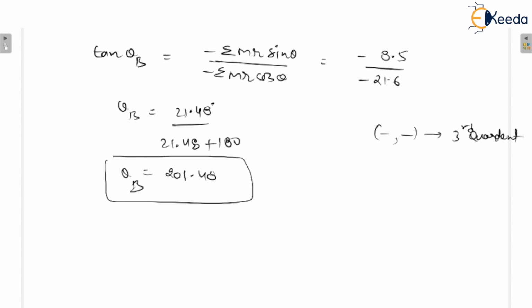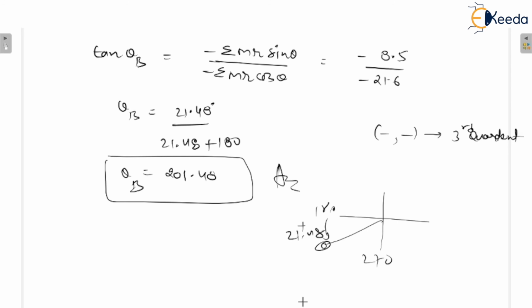This is the answer, because it is only the magnitude, but we have to decide in which quadrant the balancing mass is there. So it is in the third quadrant. Third quadrant means you can see here this is 180 and this is 270. So this is 180 plus 21.48. You will get the position like here.